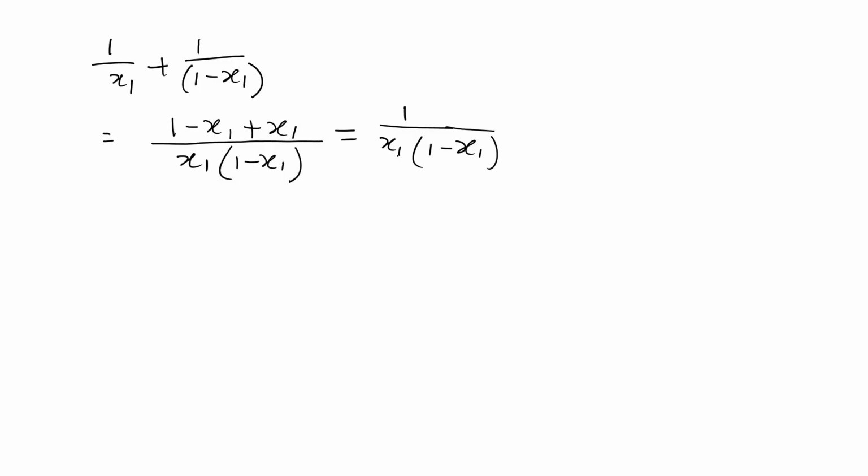Say x1 is 0.5: 0.5 into (1 − 0.5). This term x1(1 − x1) is x1 minus x1 square, and this will be positive.